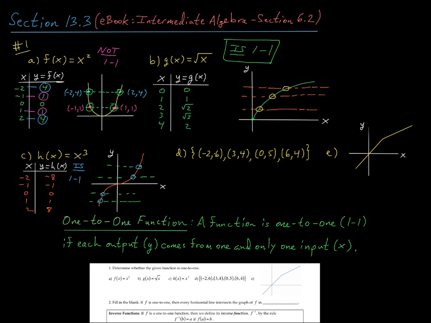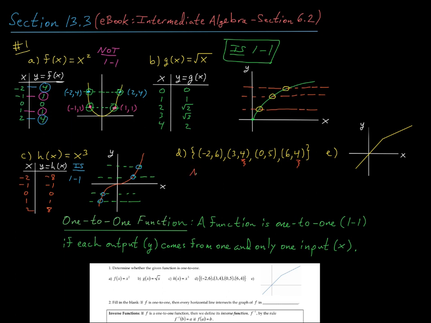All right, now part D, this gives us a collection of ordered pairs, asking is this one-to-one? Well, do you see any outputs that come from more than one input? 4, right? The output 4 comes from the numbers 3 and from 6.